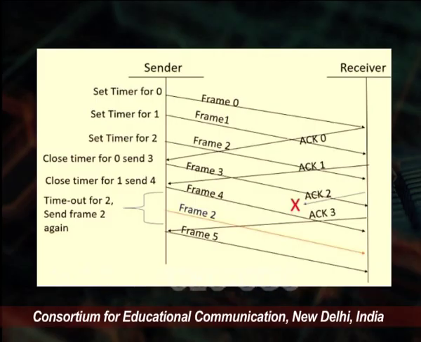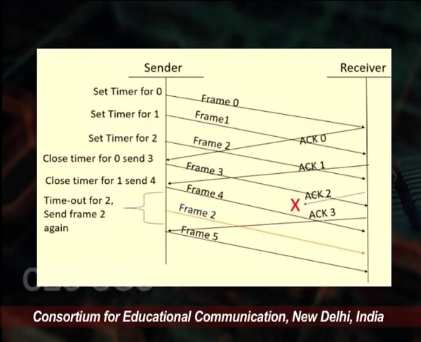Meanwhile, frame 2 has started from the sender's end to the destination, but the acknowledgement corresponding to frame 2, as you can see by a red cross in the figure, is lost somewhere in between, and then that acknowledgement 2 is not received at the sender's side.